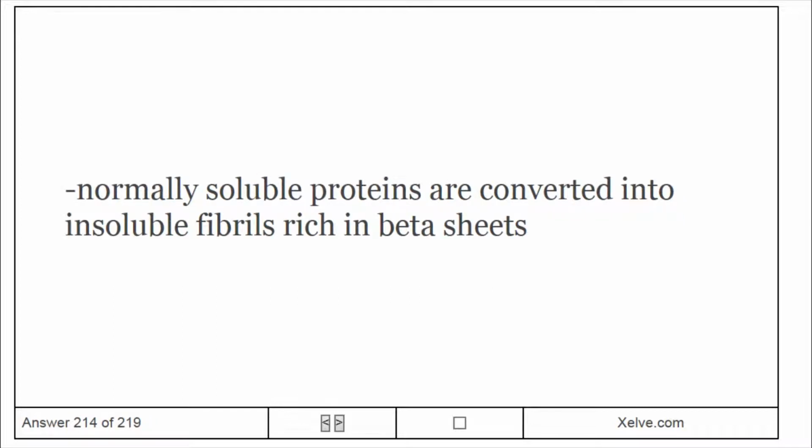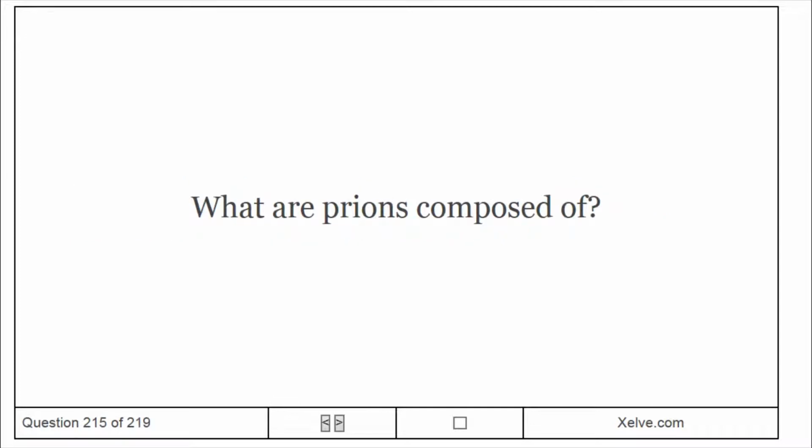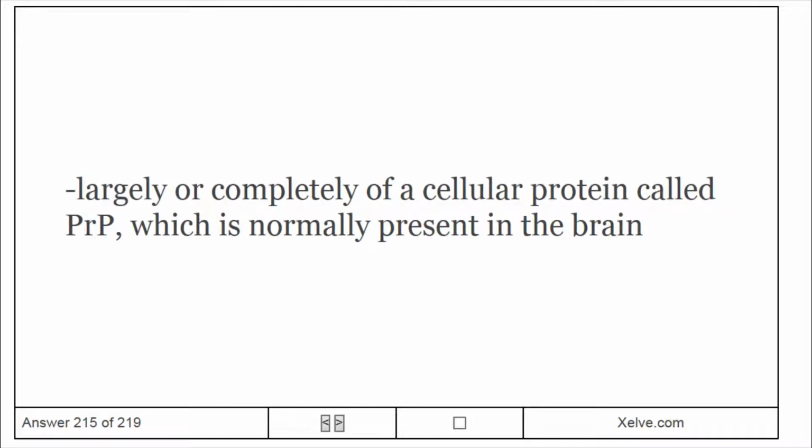What is a common feature of amyloidosis? Normally soluble proteins are converted into insoluble fibrils rich in beta sheets. What are prions composed of?